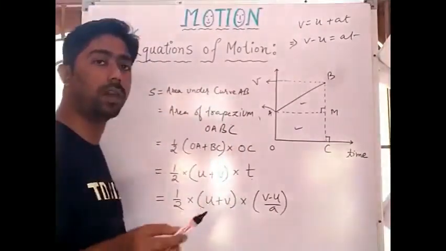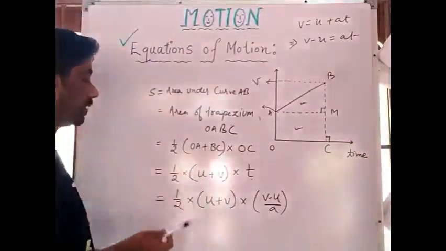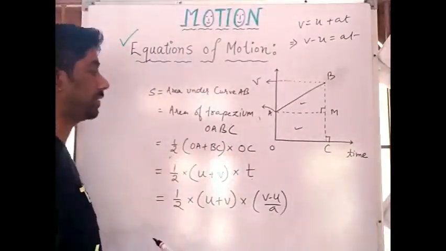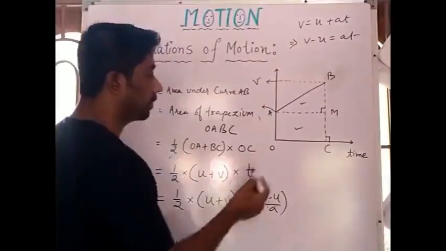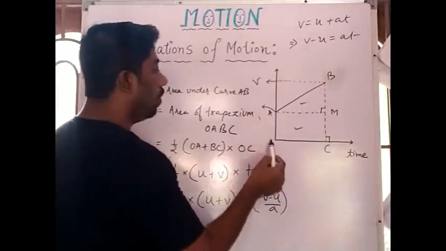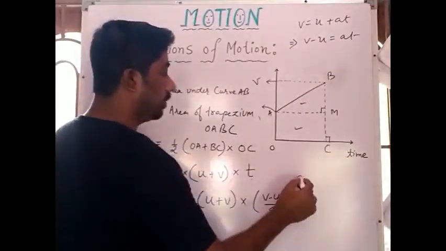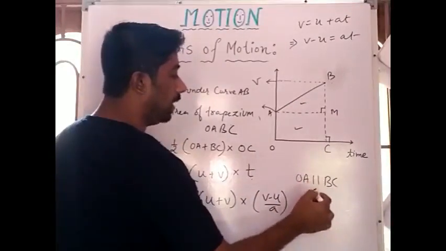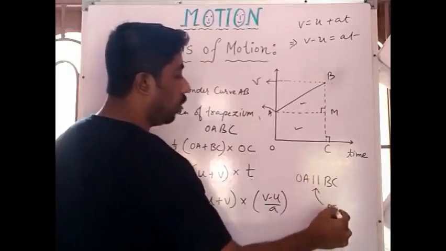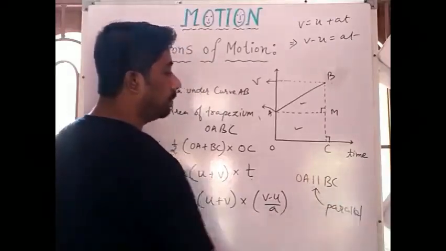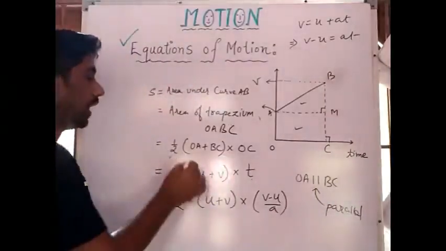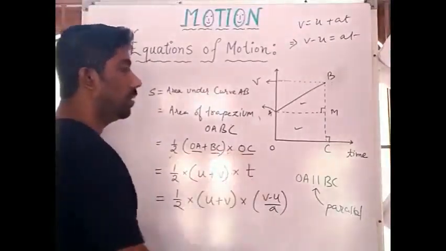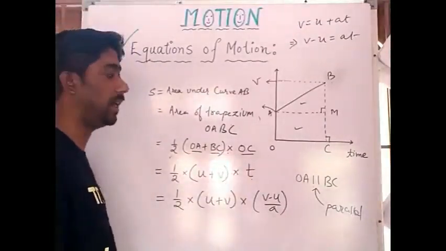Now if you recall the formula for area of a trapezium, what was the formula? Half into sum of parallel sides into the perpendicular distance between the two parallel sides. If you see the trapezium OABC, OA and BC are parallel to each other. This is the symbol of parallel. So we write OA plus BC, sum of parallel sides, into perpendicular distance between the two parallel sides.